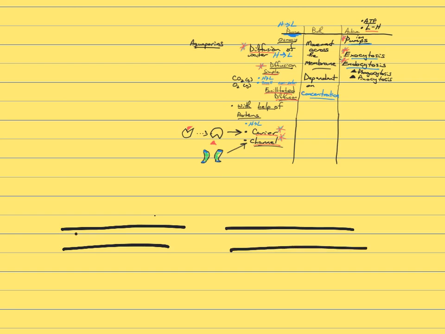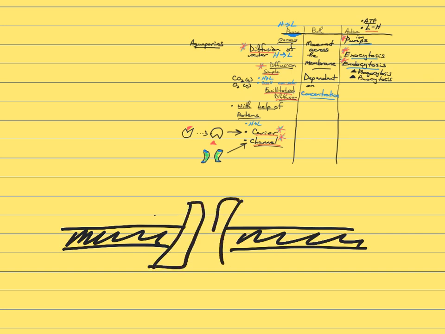This is your membrane, and then you have this thing drawn out, and it would be labeled. Outside, maybe it'll say extracellular. And this would be inside, intracellular.